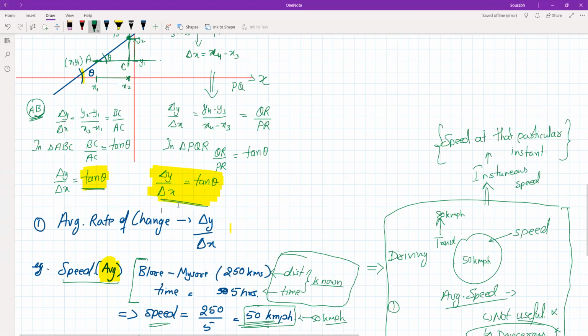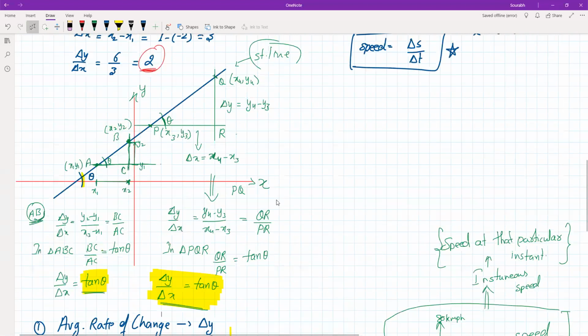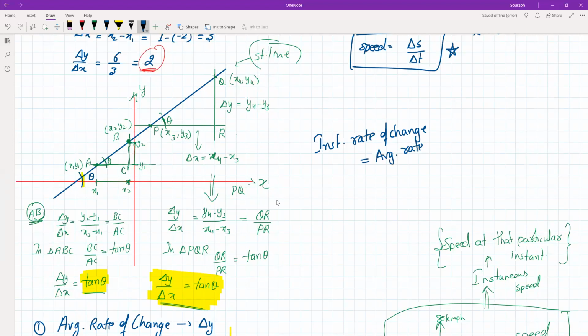So if that is the case, I can easily conclude here that instantaneous rate of change is equal to average rate of change if the graph is linear.